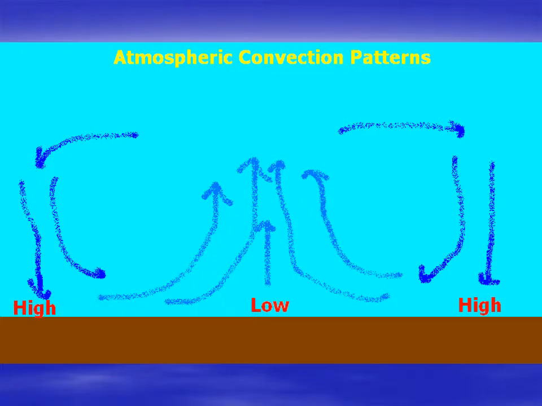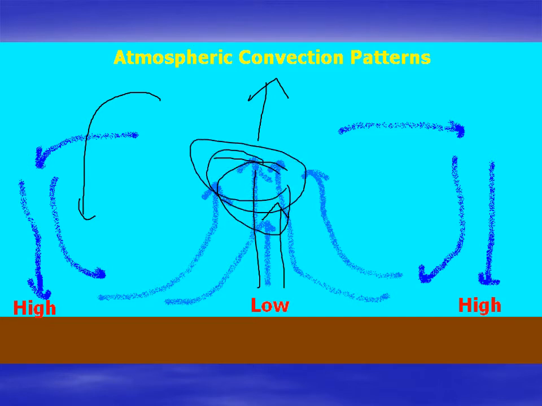So basic circulation, as I said, the ground heats up, the air rises, that displaces the cool air that's up, that sinks. Okay, now where the air is rising, it's expanding and getting cooler, which means it tends to have less ability to hold moisture.